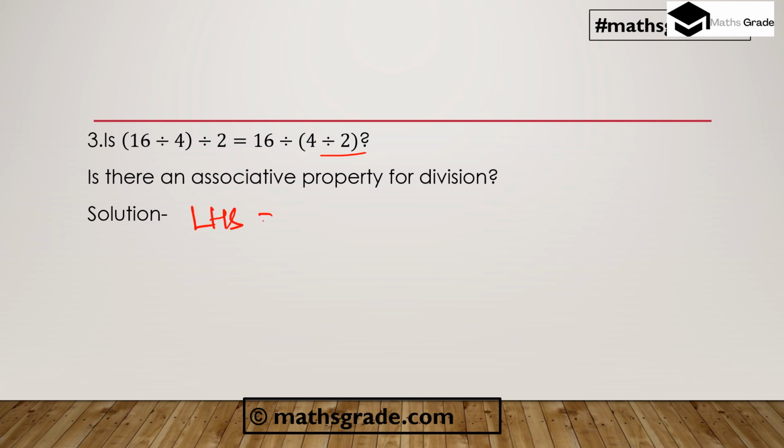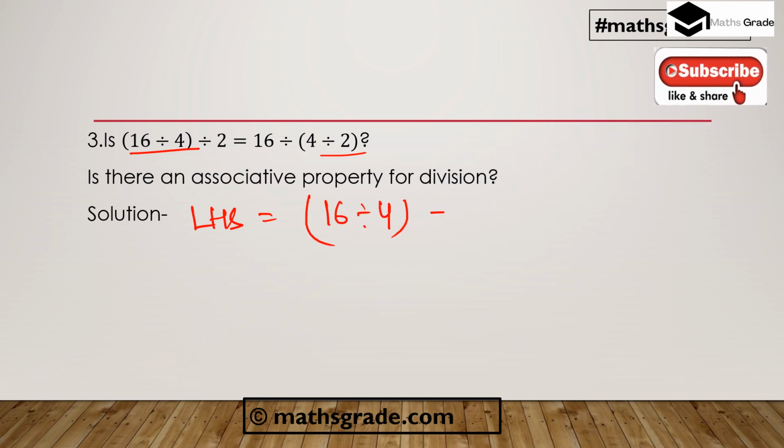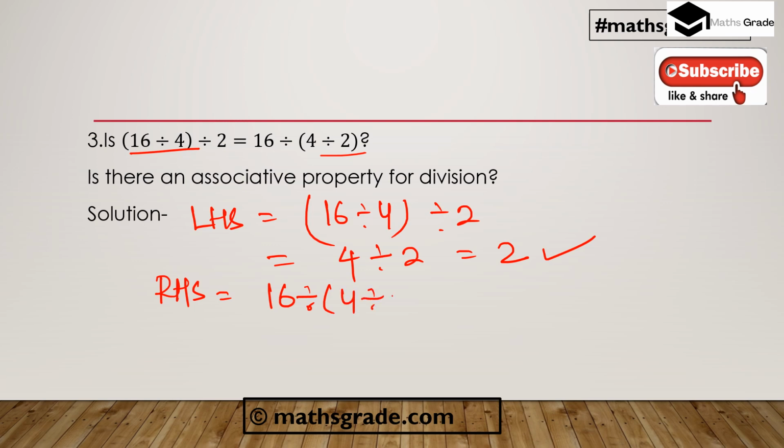First we find out the left hand side, that is 16 divided by 4 divided by 2, and 16 divided by 4 is 4, divided by 2 is 2. So the left hand side is 2. Now the right hand side, 16 divided by 4 divided by 2, and 4 divided by 2 is 2.